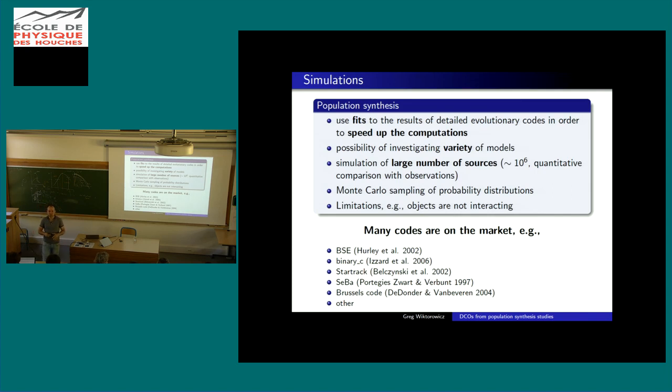And to avoid integrations, especially of initial distributions of parameters, we use Monte Carlo sampling of distributions like the initial mass function or natal kicks for compact objects. This is another speed-up gain for these computations, but on the other hand we lose precision.